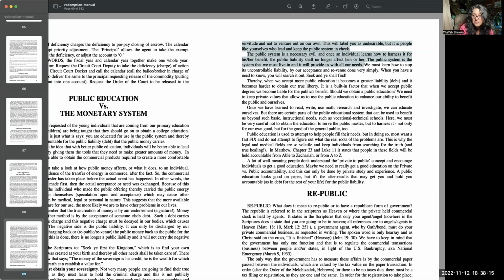We must learn how to stop its uncontrollable liability by our acceptance and revenue, done very simply. Revenue. When you have a need to know, you will search it out. Seek and you shall find.